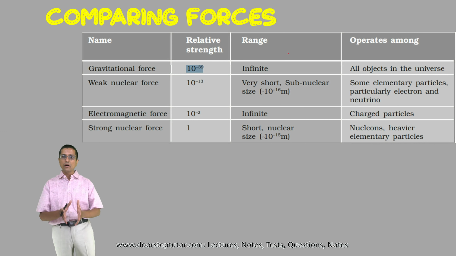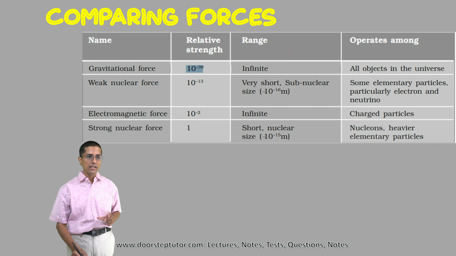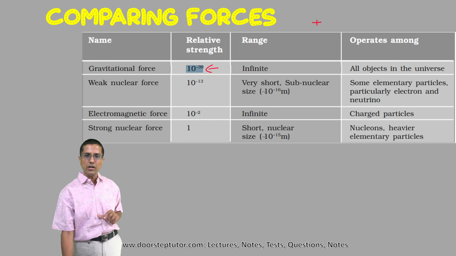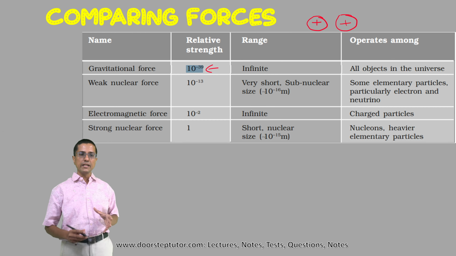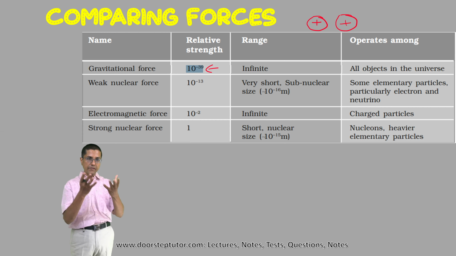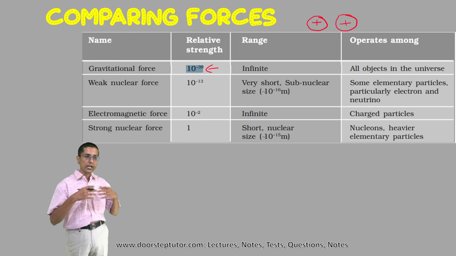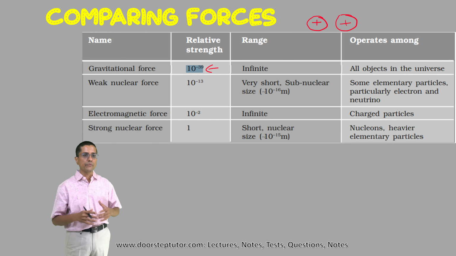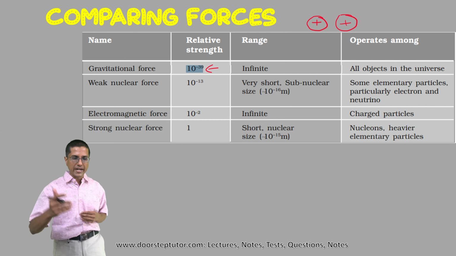If we compare them all together, it is given in this table. Gravitational force, we know, is very weak. Think about these forces appearing only on two protons. We compare the gravitational force between two protons to the electromagnetic force between two protons, and the weak nuclear force between two protons, so we are comparing the same kind of particles.